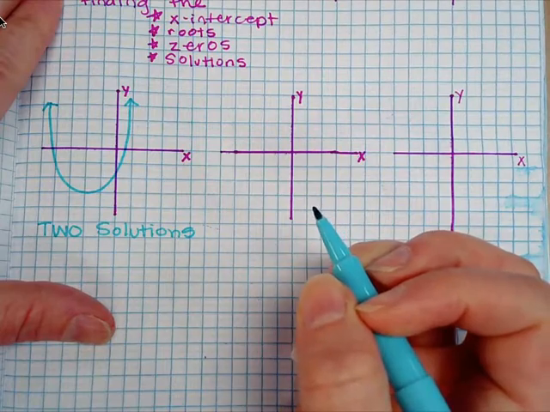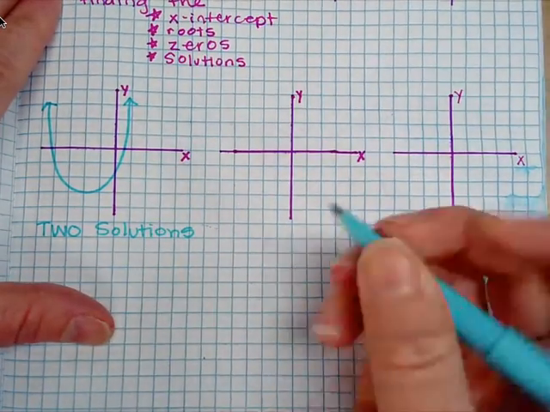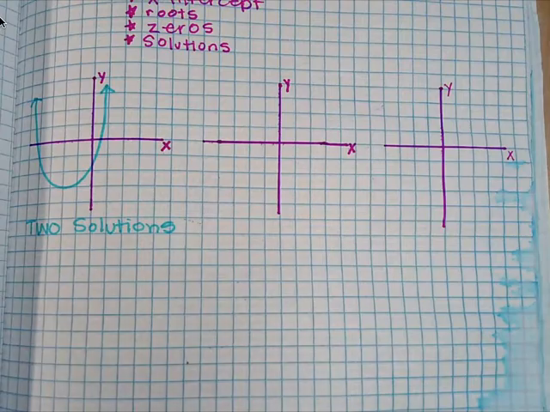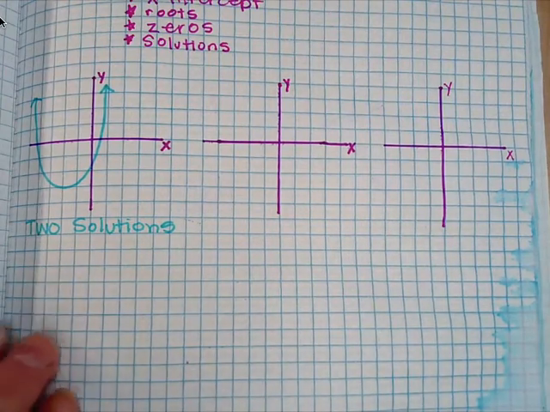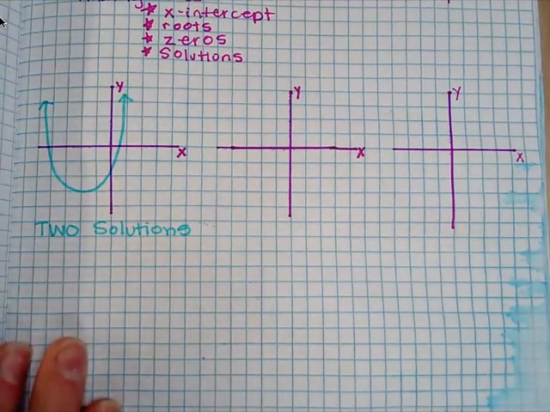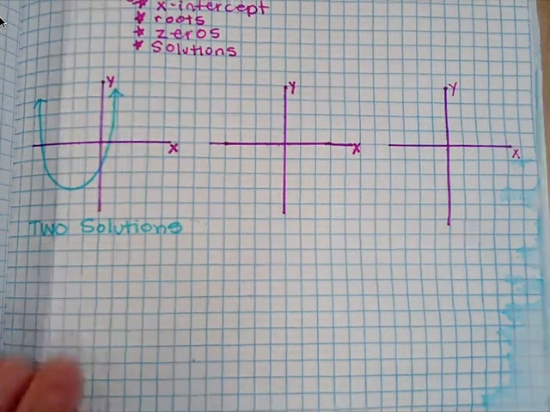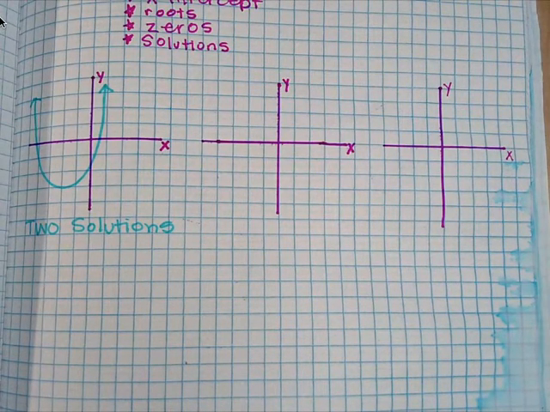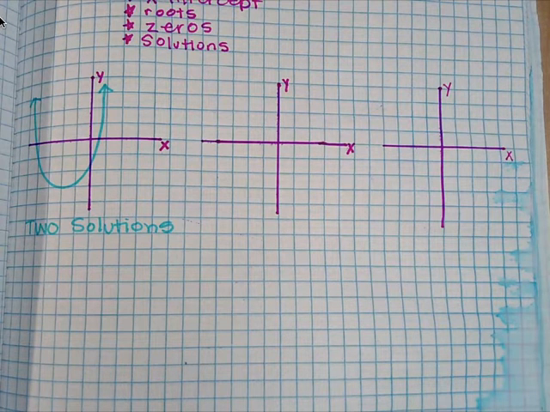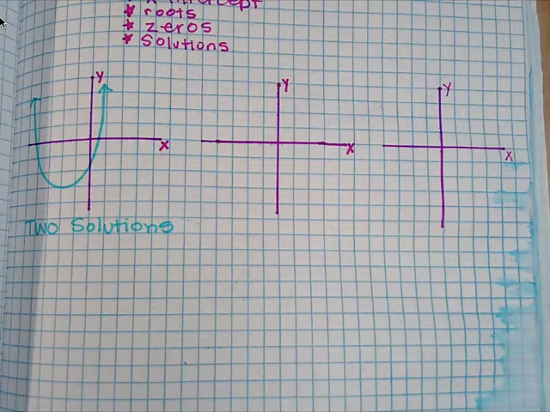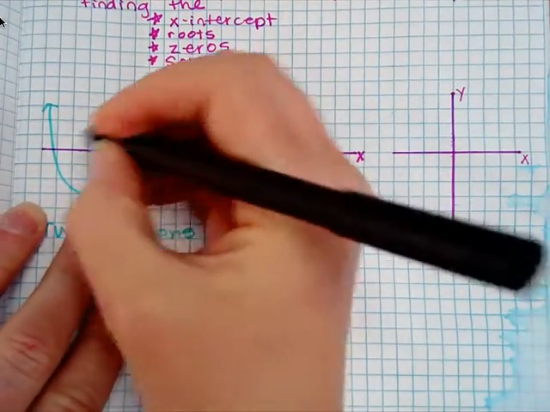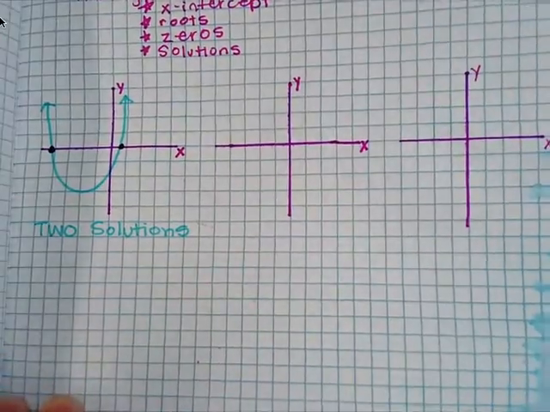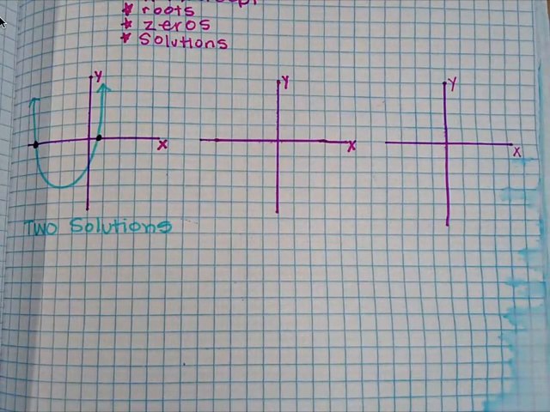It's just a U shape on your graph. So these are the 2 x-intercepts. That's when you have 2 solutions.